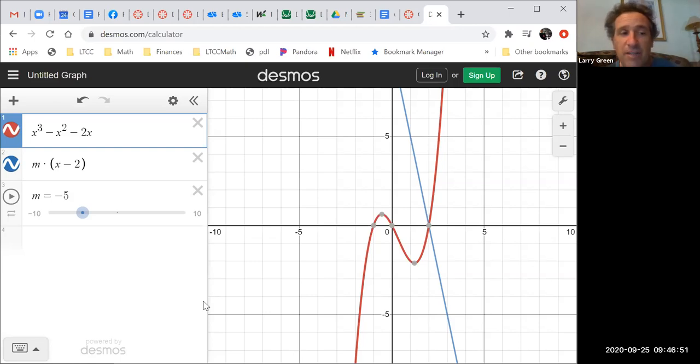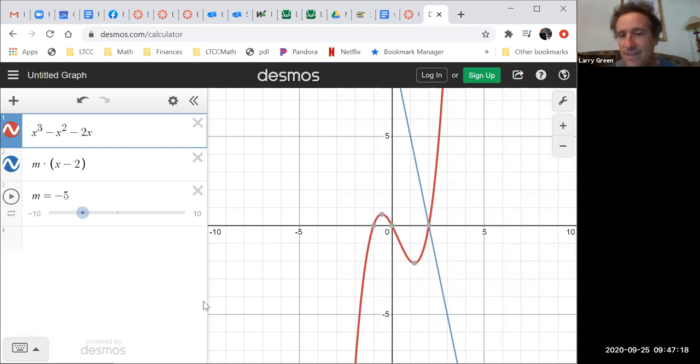By the way, what Desmos gave me is the tangent line in blue. No, why is it not the tangent line? Because it goes through the point, but it goes through 2 points. What should the tangent line look like?